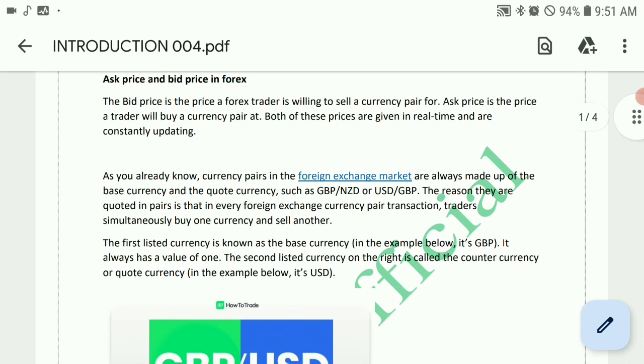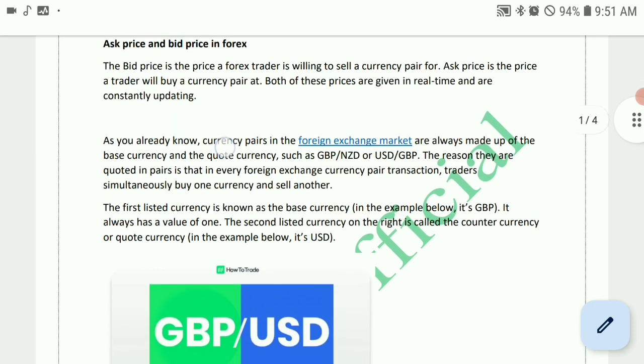Then we move further. Ask price is the price a trader is willing to buy a currency pair. Both of these prices are given in real time and are constantly updating.